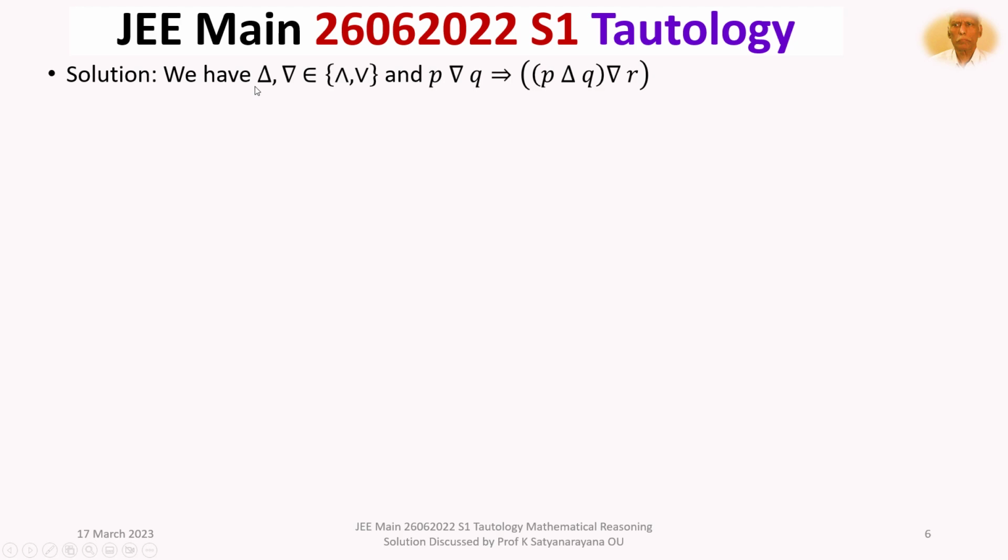We are given two symbols, delta and del, belonging to the set of two logical connectives and, R, and P del Q implies P delta Q delta R is a tautology.